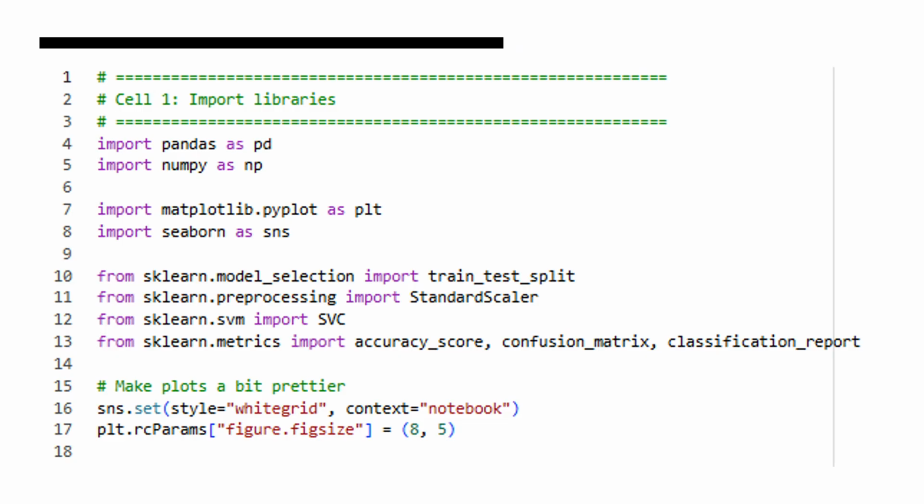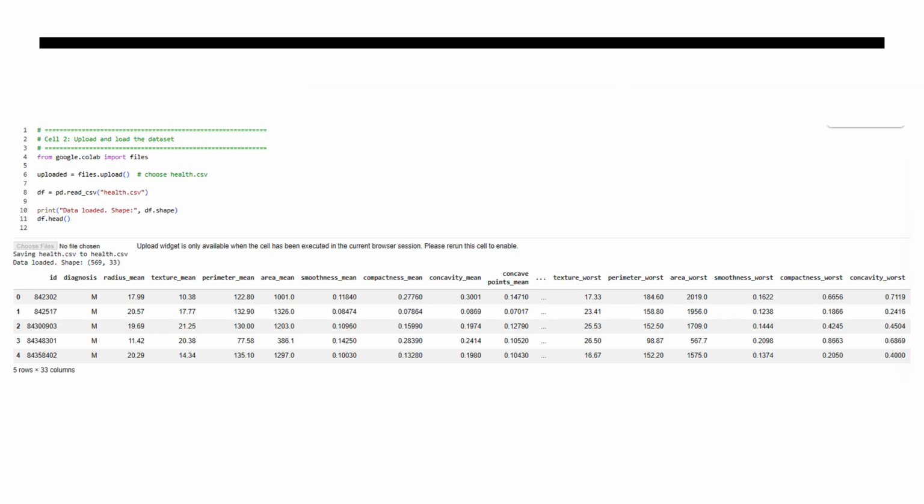Okay, so let's look at the first block of code, and this one follows the same structure, the same direction as the previous one that we saw before. You import the libraries that you are going to be using to build a support vector machine model. And this is the second block of code. And this one does just like the other ones.